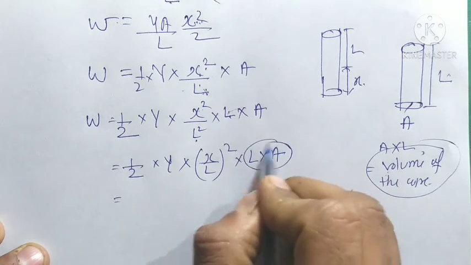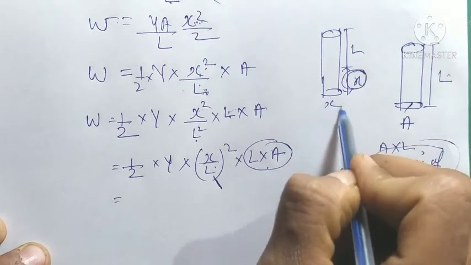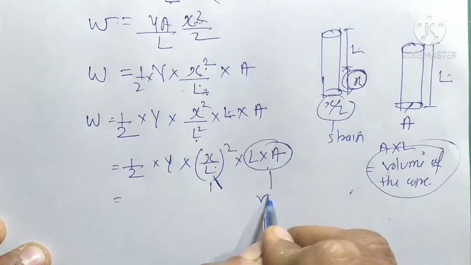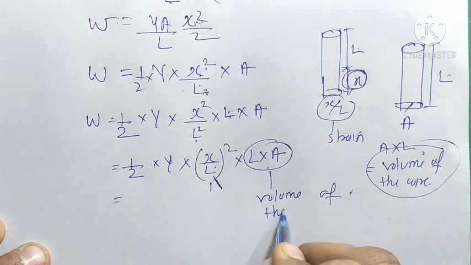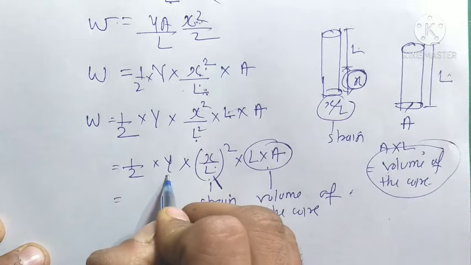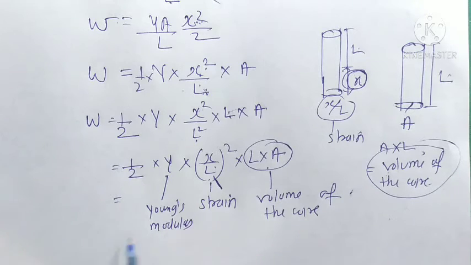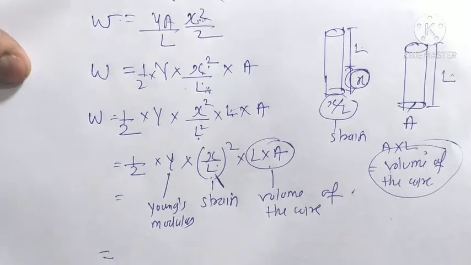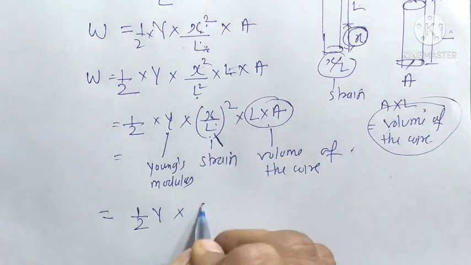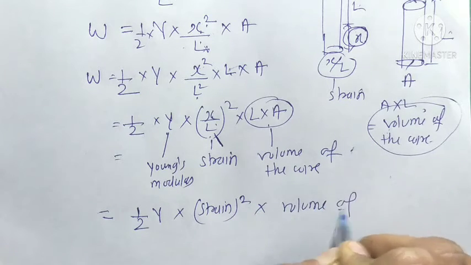And x, the change in length, upon original length is the strain. So we can simply write W is equal to half Young modulus into strain whole square into volume of the wire.